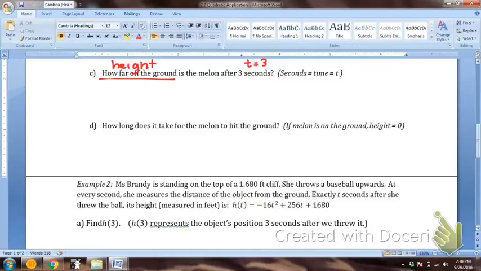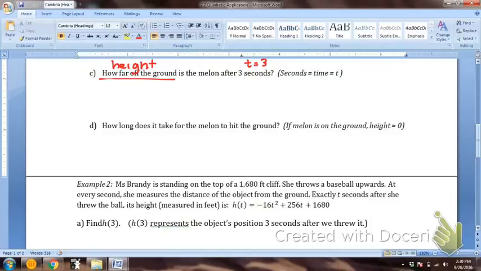Okay. Anybody else? Like, off the ground, or off the top of the building being the ground? Off the ground. So, Josh, I'm coming back to you. What if we know that time is 3, that means our t is 3, where might we be able to plug that? Is the 3 representing our h, or is the 3 representing our time?